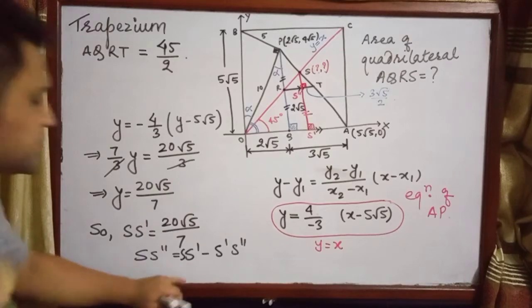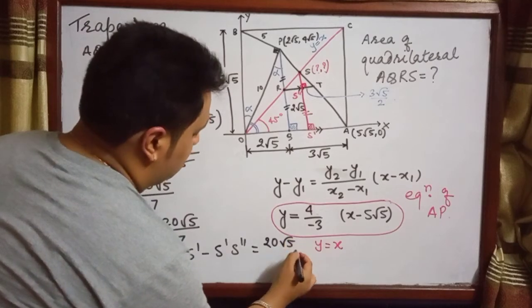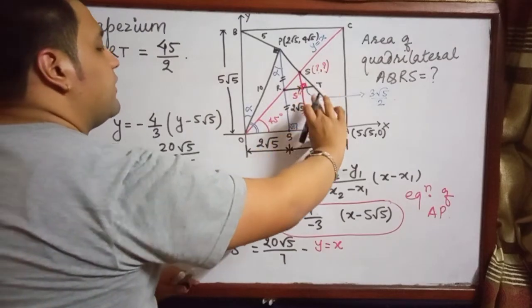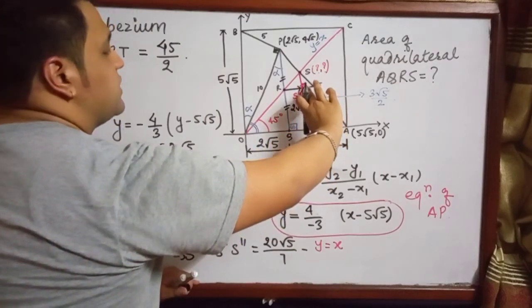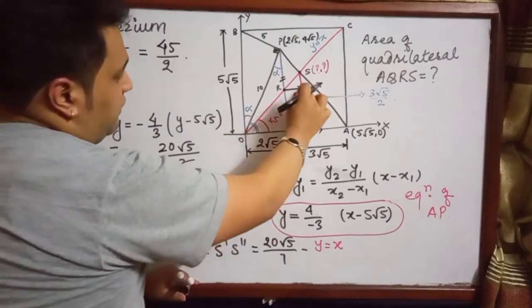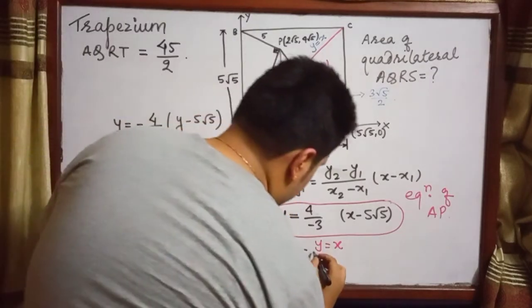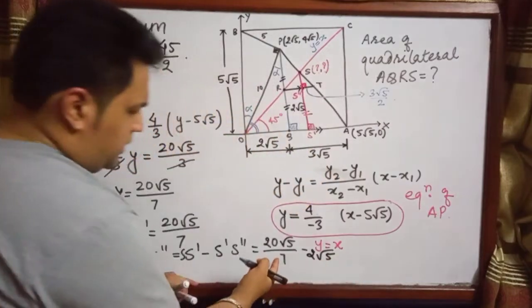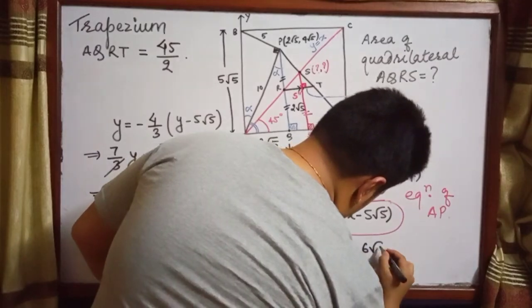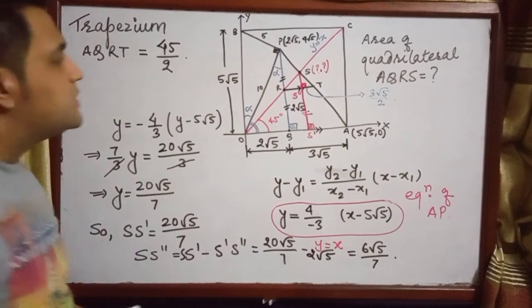Okay, SS dash means 20 root 5 over 7 minus this length S dash S double dash, which is equal to 2 root 5 because we have a rectangle over here. 90, 90, 90 means this is also 90. Okay, so 2 root 5. This will be equal to 20 minus 14 means 6 root 5 upon 7.